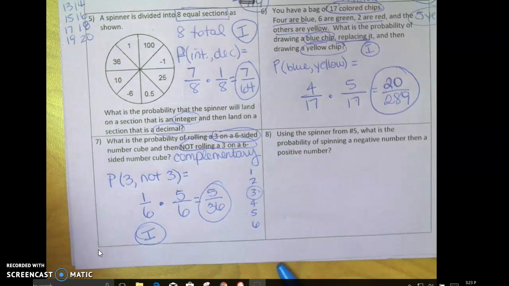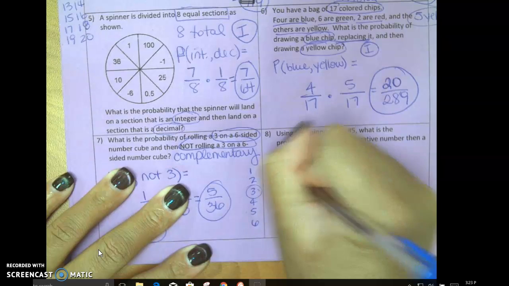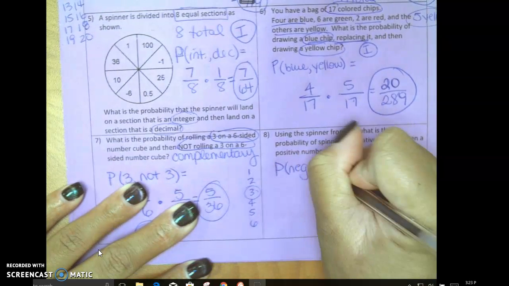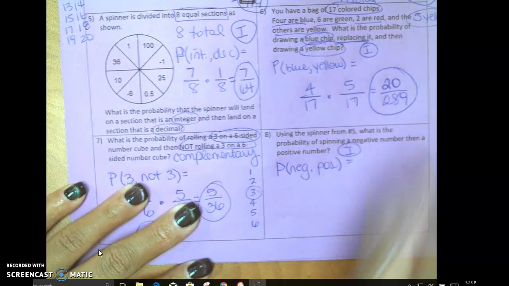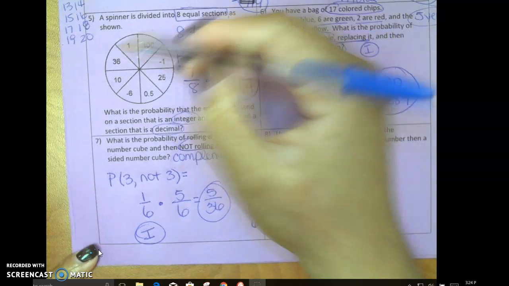All right, using the spinner from number 5. What is the probability of spinning a negative number then a positive number? So is this independent or dependent? Remember, it's a spinner. Independent. Negative first, positive second, independent. How many negative numbers are there? 2 out of, I'm looking right here, guys.